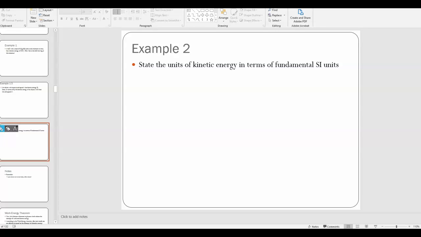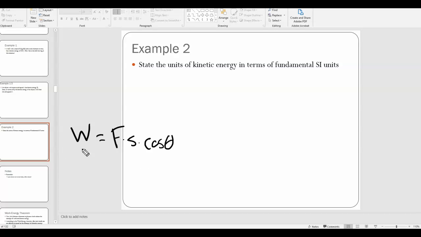Generally speaking, if we want to find the units of something, we have to take an equation that has that something in it and plug units into the equation. For example, I know that work is Fs cosine theta, and I know that work is measured in joules.